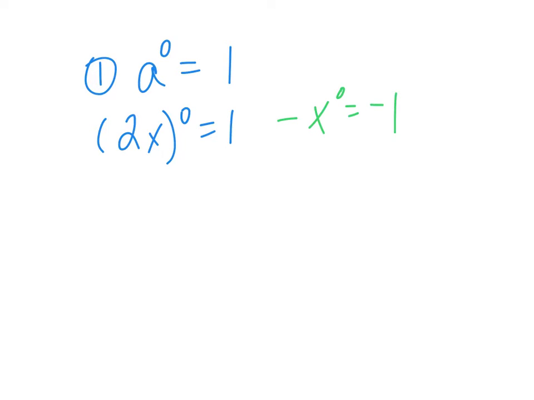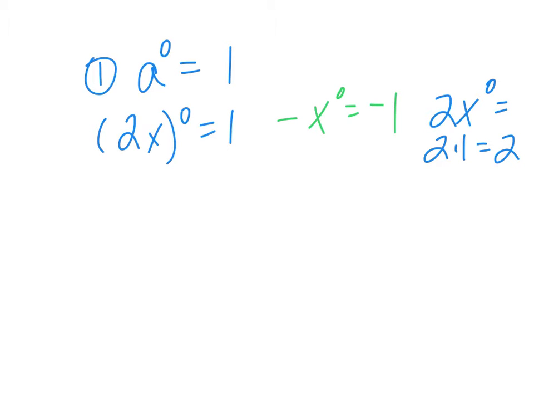And if I had 2 times x to the 0, that would be like 2 times 1, which would be 2. Okay, so just because you see a 0 doesn't mean it's 1. It just means that particular term is equal to 1.